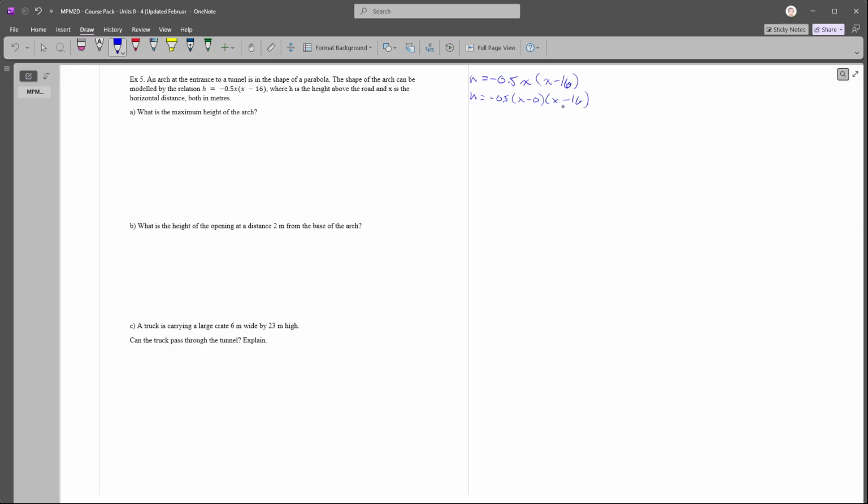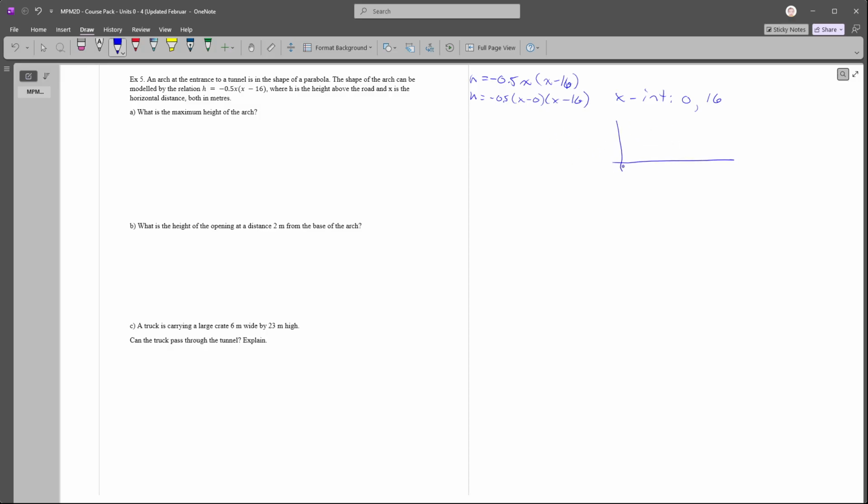What that tells me is that its x-intercepts are at 0 and, sorry, 0 and 16. So I know exactly how wide that tunnel is. I don't really have to think about it or anything like that. We can even draw a picture of it.